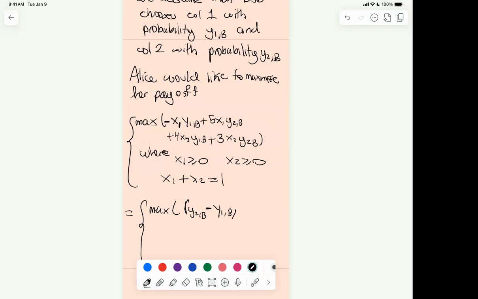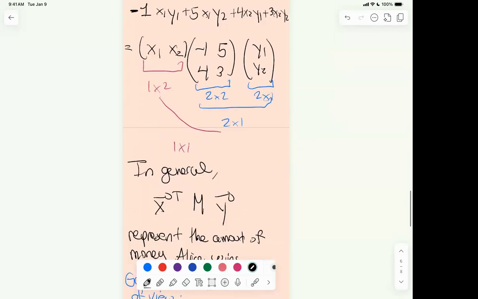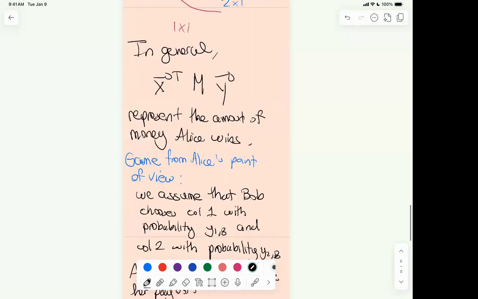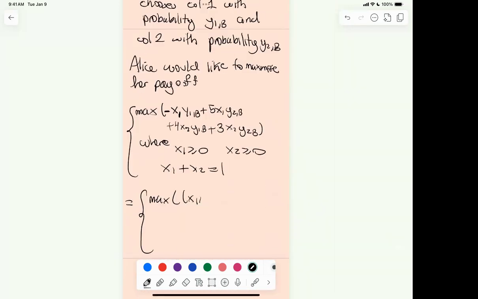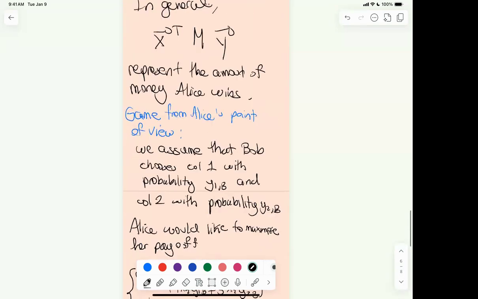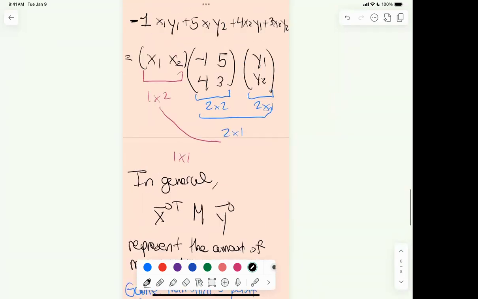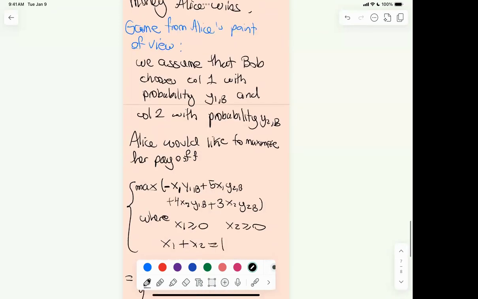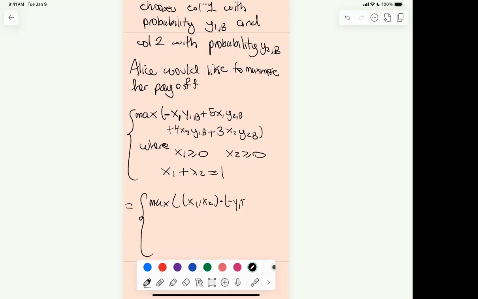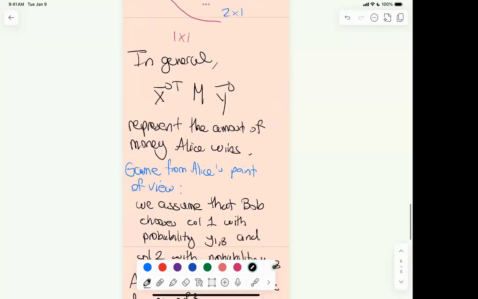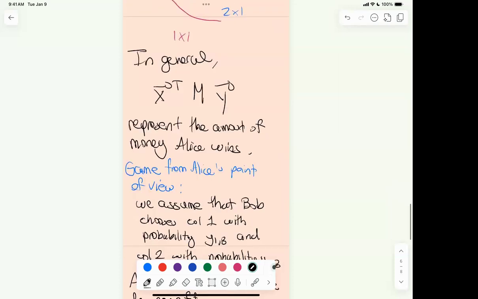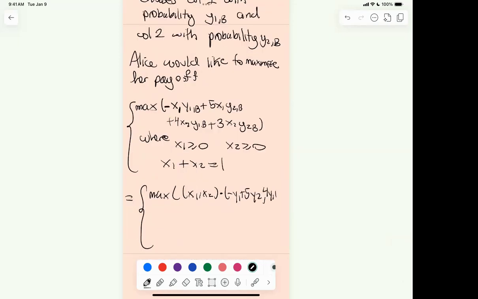Oh no, that's just 5. If you do the dot product, you'll see that this gives you minus y1 plus 5 y2, comma, 4 y1 plus 3 y2. So this is what we usually were calling the vector x.